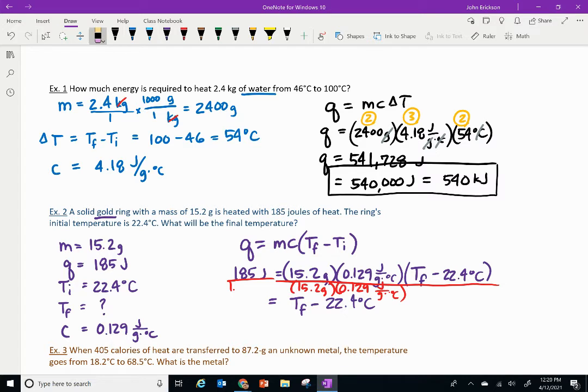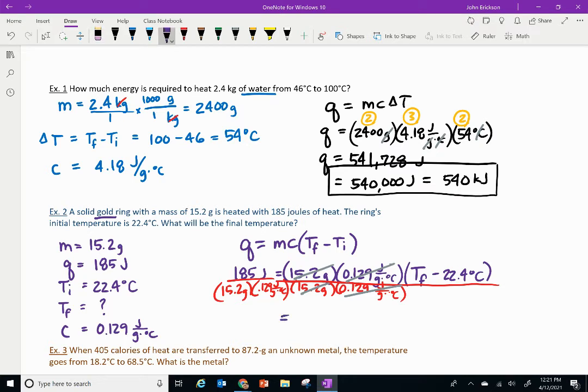The 15.2s and the 0.129s cancel out, and that's how I ended up with TF minus 22.4 degrees Celsius on the right side.